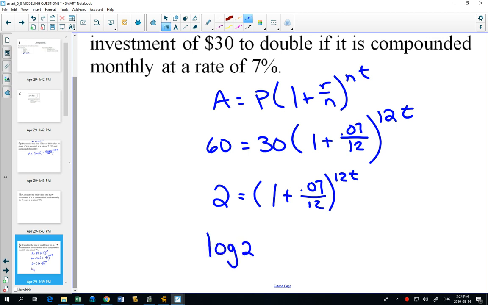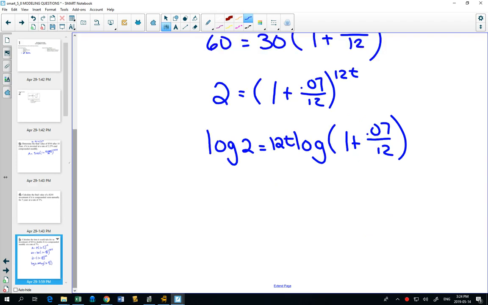This side will be log of 2. This side will be log of 1 plus 0.07 divided by 12. And it'll be to an exponent. But since that exponent is the whole thing, can you see that you could bring that 12t out in front? I want to get t by itself.